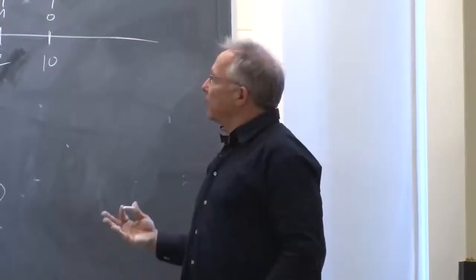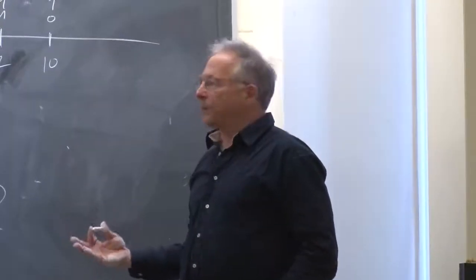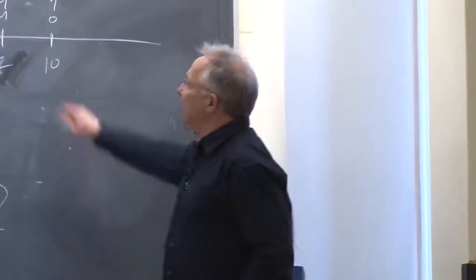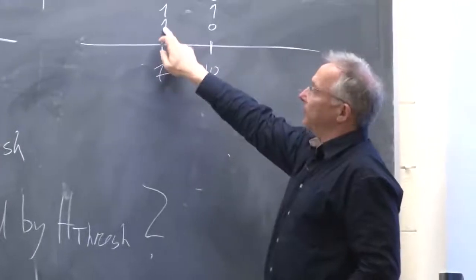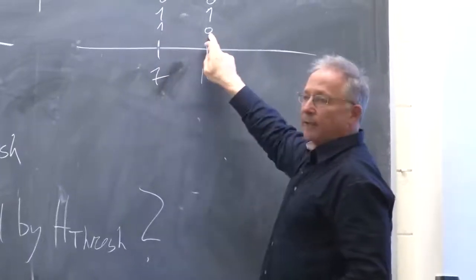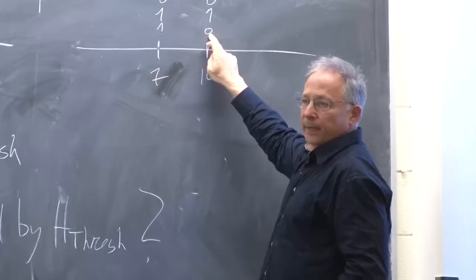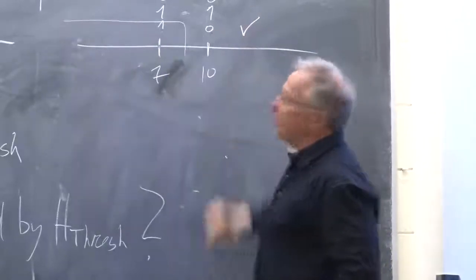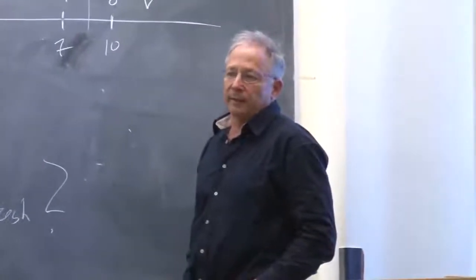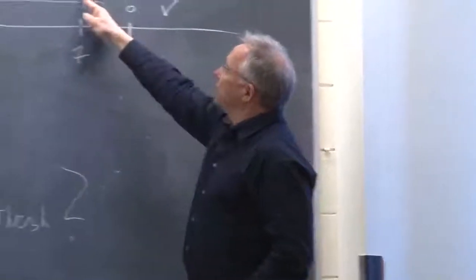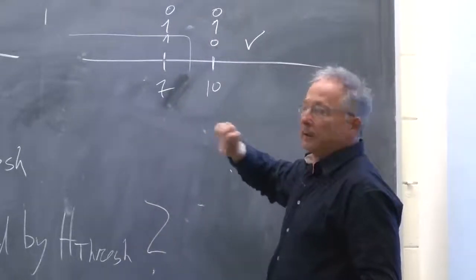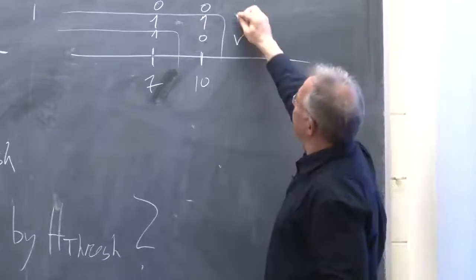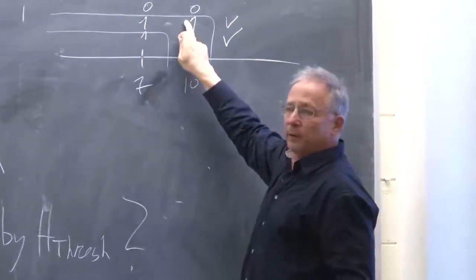The question is, which of them agrees with some function in H? Do I have a function in H that will give this one the value 1 and this one the value 0? Yes, I'll just pick the function that takes a threshold between 7 and 10. Do I have a function that will give both of them 1? Yeah, I'll just take a threshold that picks both of them. Can I get 0, 0?